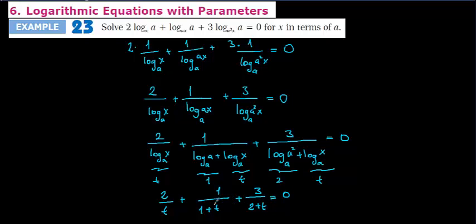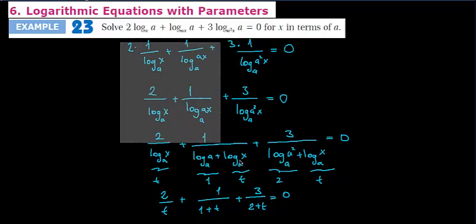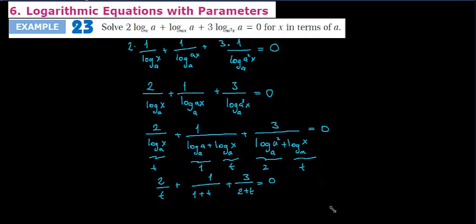And when we make the denominators equal, here I need to multiply this one by 1 plus t times 2 plus t again. I need to multiply this one by t times 2 plus t, which is not here, and this by t times 1 plus t. I need to multiply these denominators.